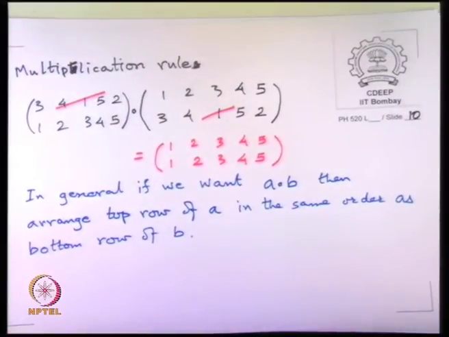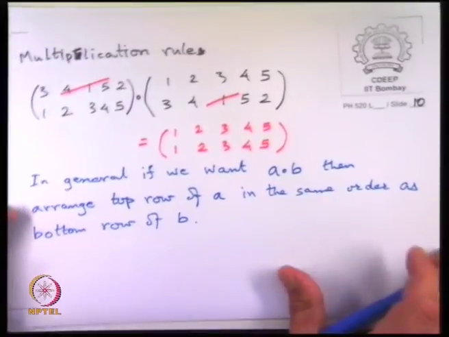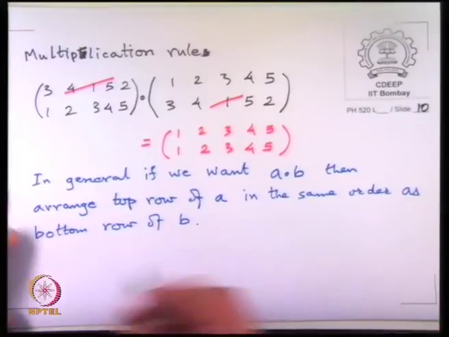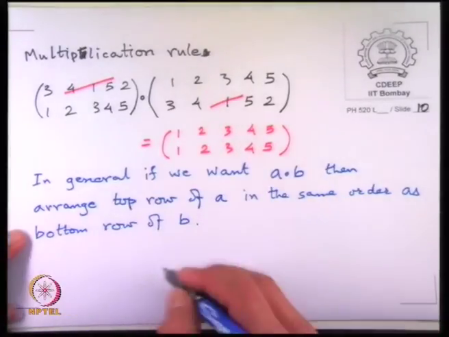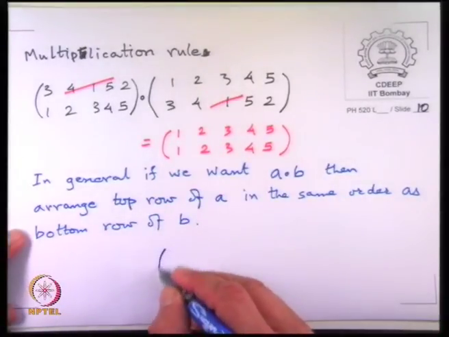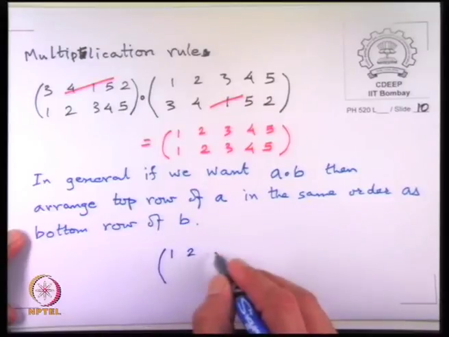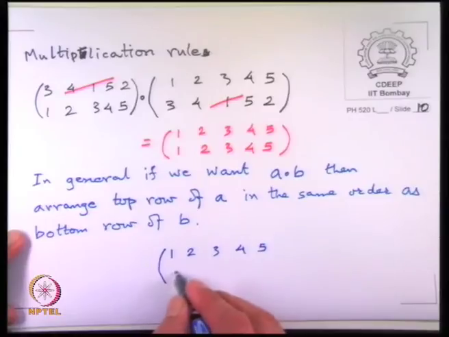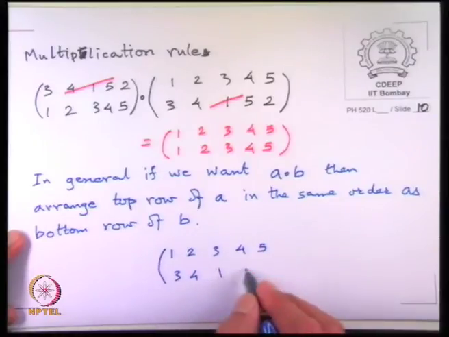Okay. So we can do another example. To do that, we have to check the thing. Let us do it in a bit of detail. So suppose I take that already as it is: 1, 2, 3, 4, 5 goes to, let us say, 3, 4, 1, 5, 2.